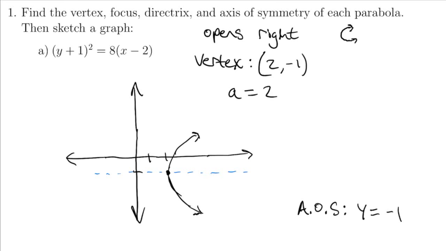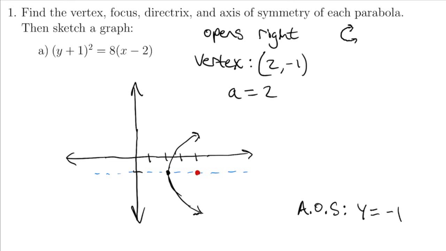Now I need to find, let's see, the focus and the directrix, and I'll be done. So the focus I can get by using this value a, and the directrix I need this as well, right? Because the distance from the vertex to the focus is a, so 2. And since the focus lies on this axis of symmetry, I just go a distance of 2. I'm going to use a red point.